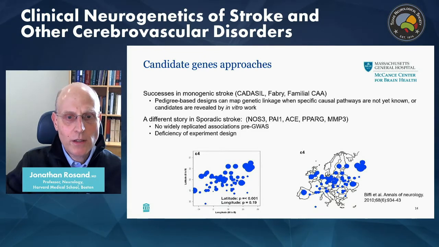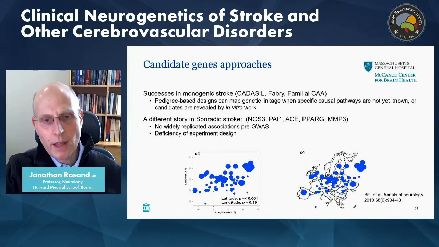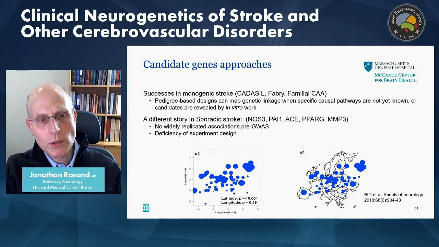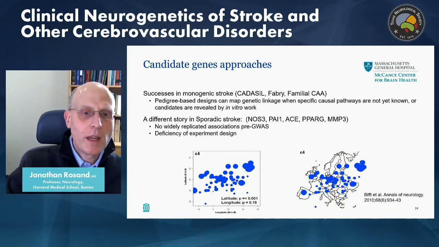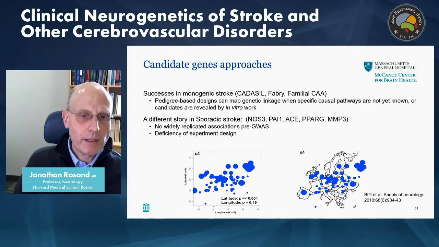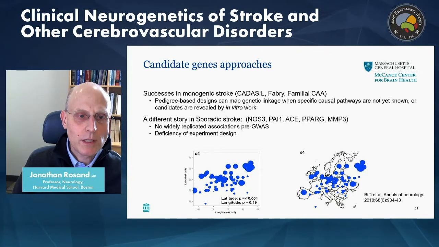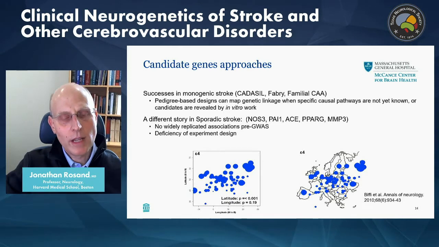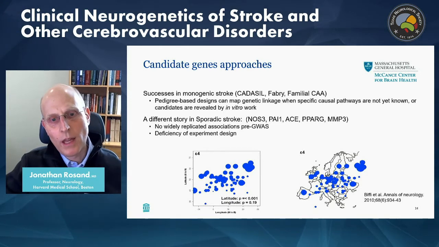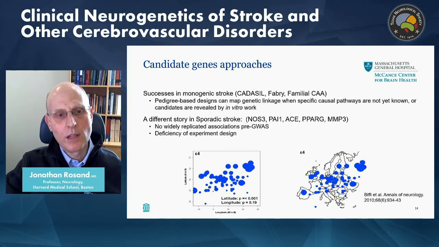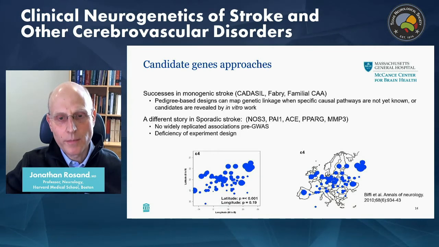And what you see here is a map of Europe, and the blue circles represent the allele frequency for the ApoE4 variant in the population. So you can see that as you move south, in general, the allele frequency of E4 in the population drops, and as you move north and east, it rises substantially.